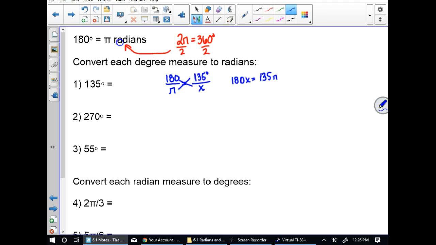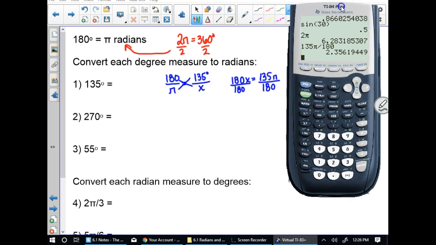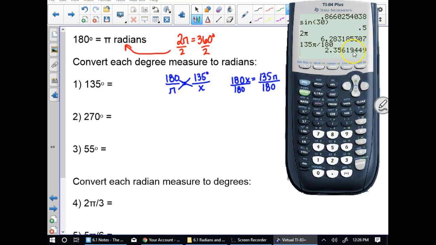And then X is what I'm trying to find, so I would divide by 180. Typically with radians, we want to leave pi in our answer. I could type in 135 pi divided by 180, but it is going to give me a decimal, 2.35619 radians, but usually you don't see it written like that.